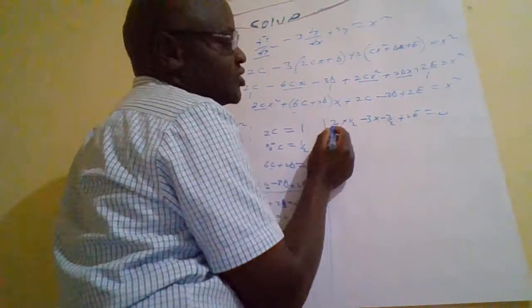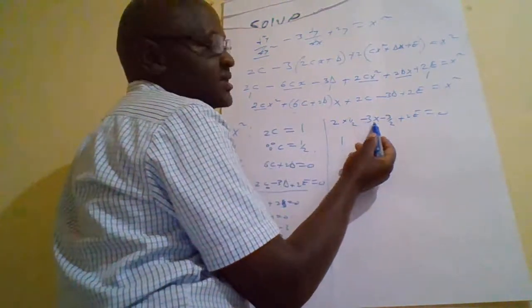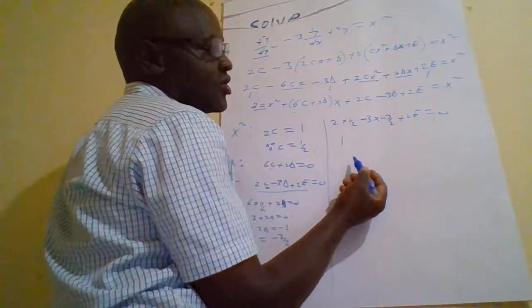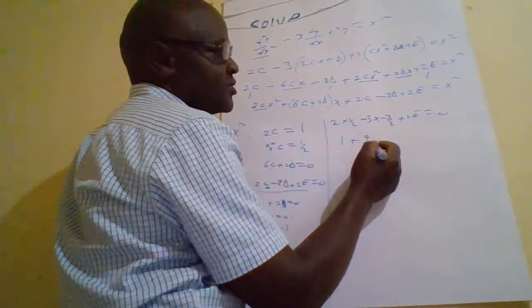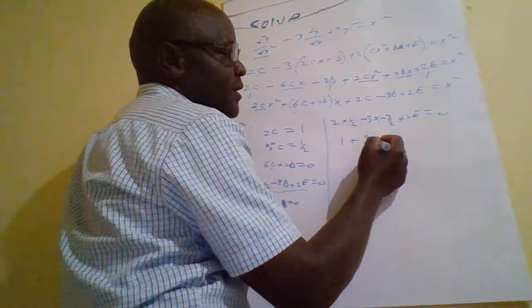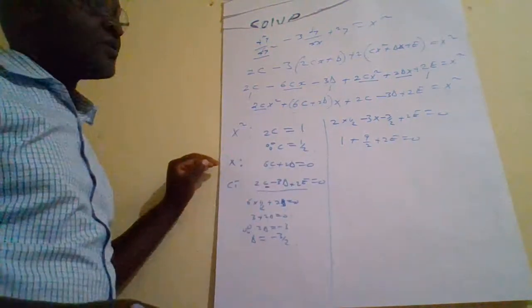So 2 times a half, we have 1, minus 3 times -3 over 2 will be plus 9 over 2, plus 2e equals 0.